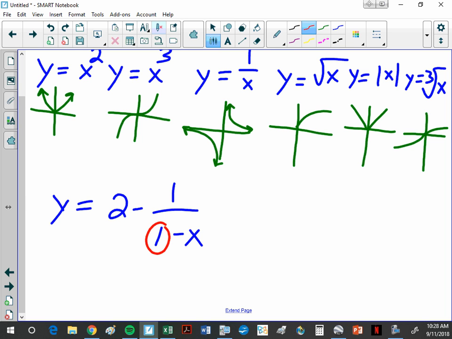Okay. And what does that do? Flips it over the y-axis because it changes the x's. So we're going to flip it this way. Okay. And then what does this do? Flips it upside down. And then what does this do? Adds 2. Does that make sense?